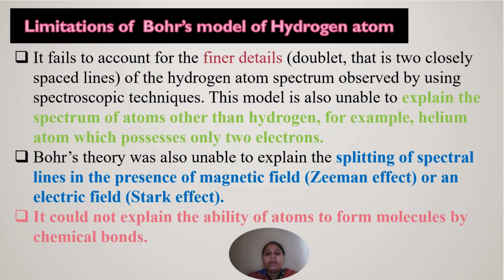And if the spectral line splitting takes place in the presence of an electric field, it is called the Stark effect. So he couldn't explain both the magnetic and electric field effects. And the formation of molecules also he couldn't explain: how an atom forms a molecule by forming a chemical bond.